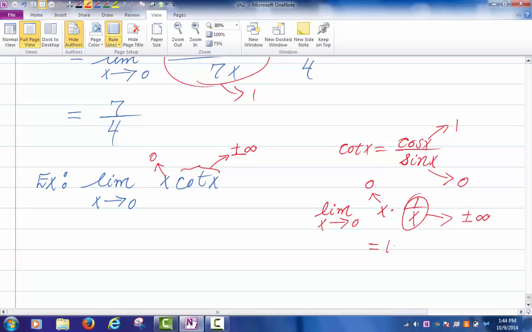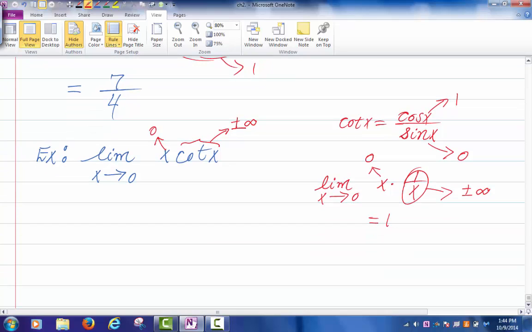So in this case, what should I do? Well, the key is we have to go back to that number 1. The limit of sine theta over theta is 1. That's what we have to use again.